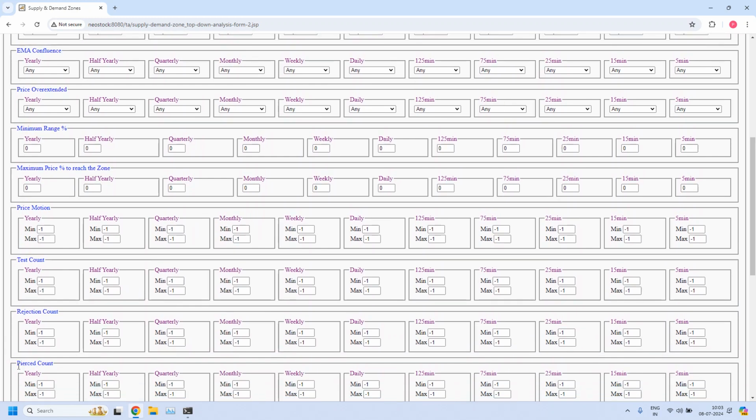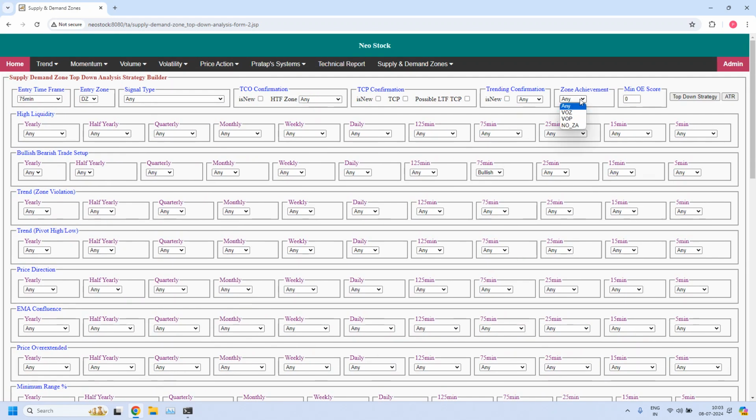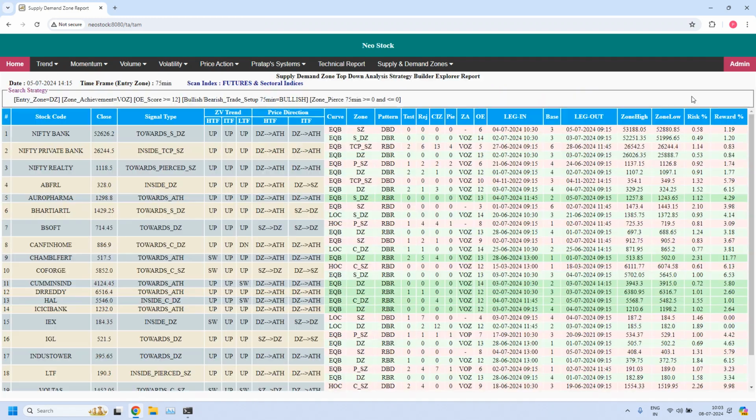So for pierced count, in 75 minutes time frame, minimum value 0, maximum value 0, and zone achievement should be violated opposing zone. Minimum odd enhancer score should be 12. With these filters, generated the report.